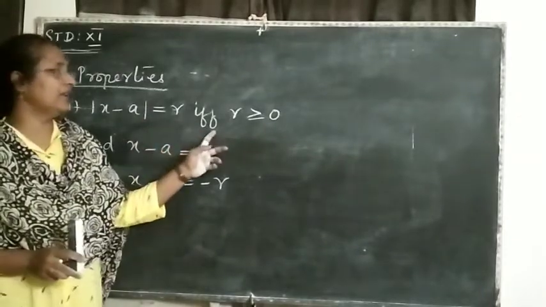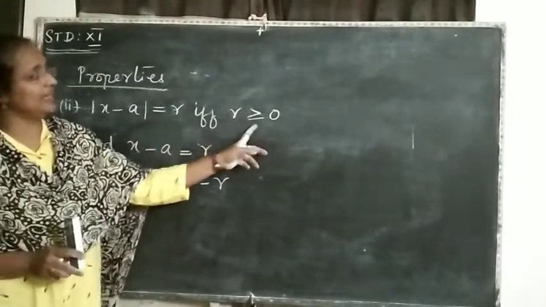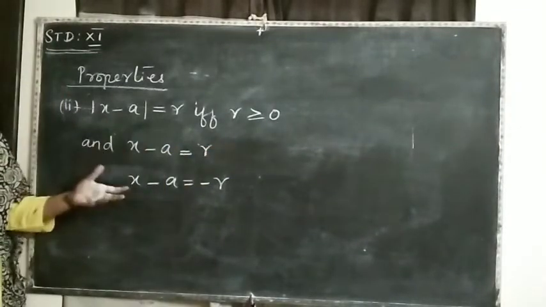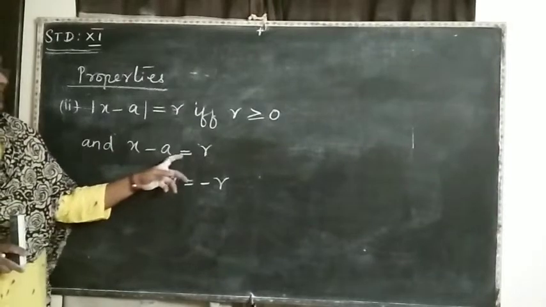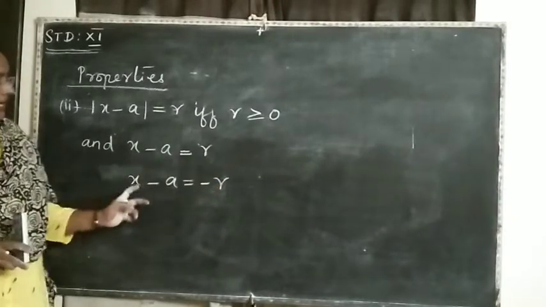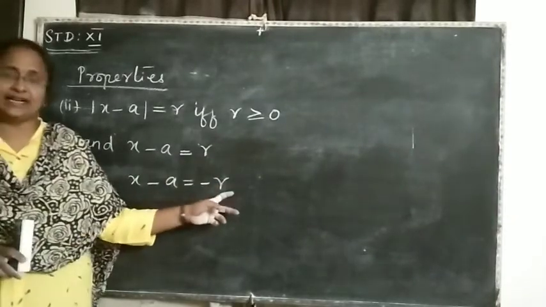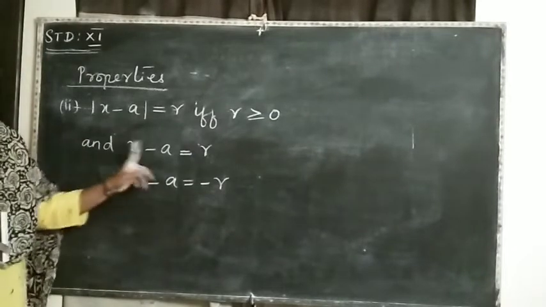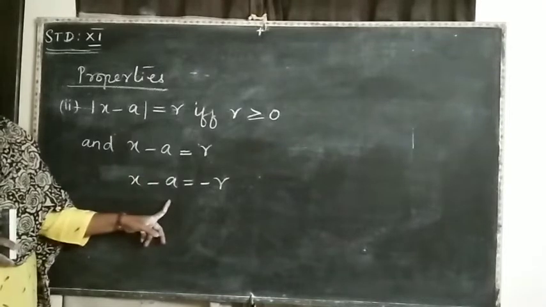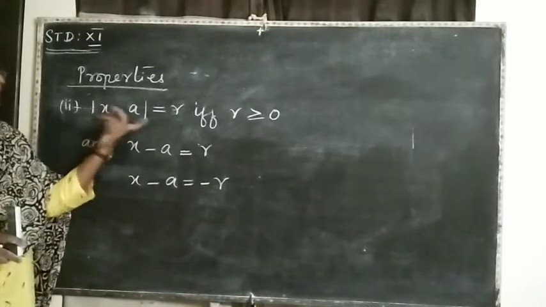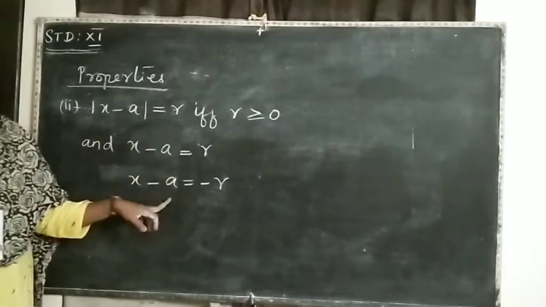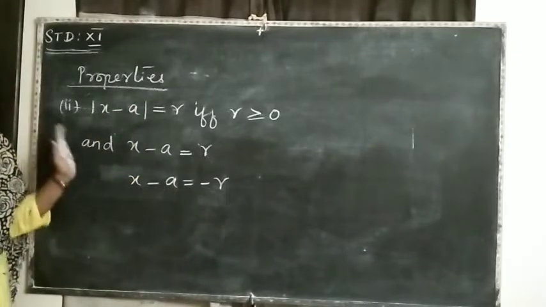So if and only if the value of r is greater than or equal to 0, and at the same time we can assume x minus a is equal to r and x minus a is equal to minus r. See, in this case, in both places we don't have the modulus. Yes or no? So if it is like this at first, how can I write it like this? That is what this property teaches us.